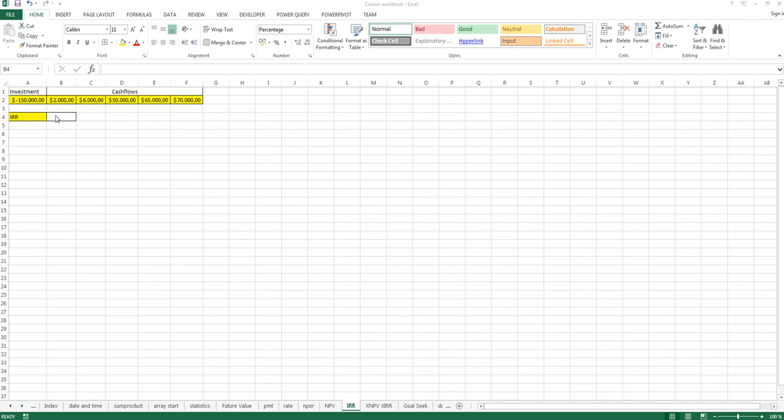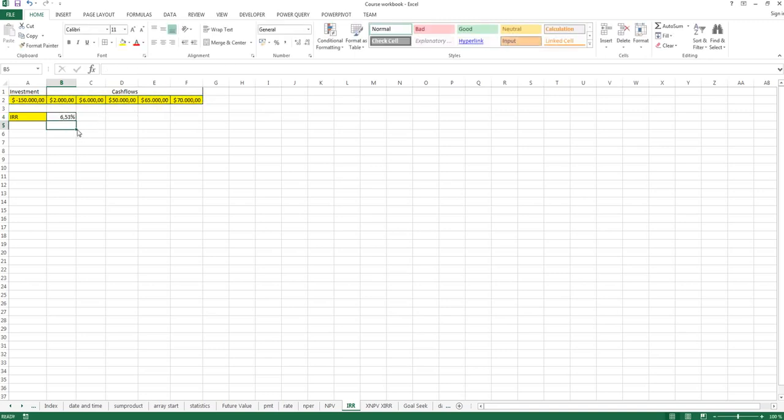That's the IRR. So if we calculate this IRR, type in equals IRR, and here we could select all values. So it's not like the NPV function where the investment at the beginning we have to subtract afterwards. Here we can select all the values together and just close parentheses, don't use a guess, and press enter.